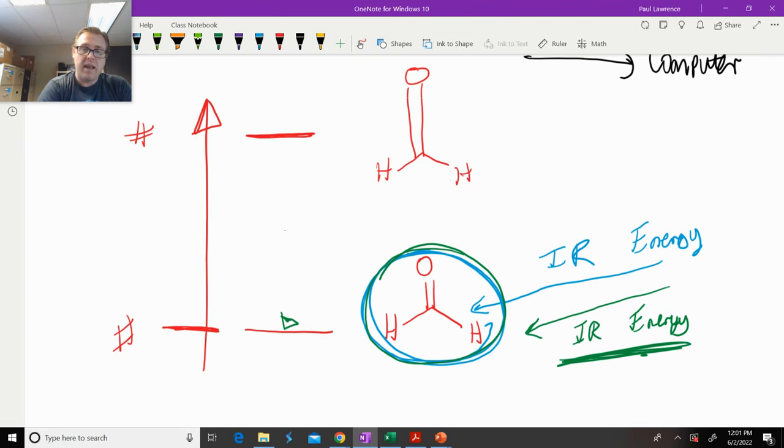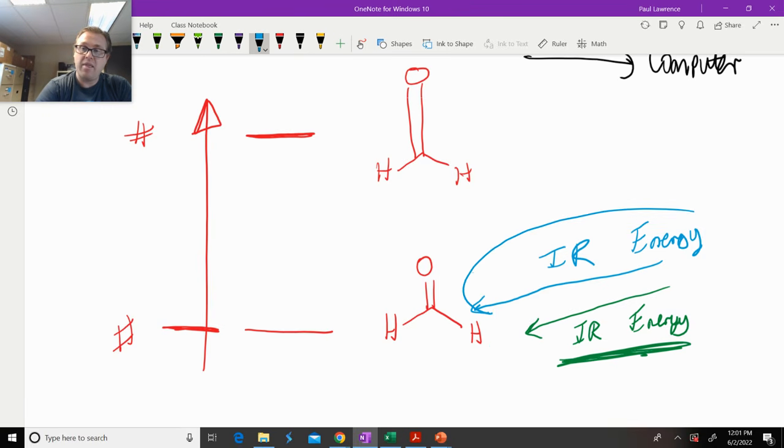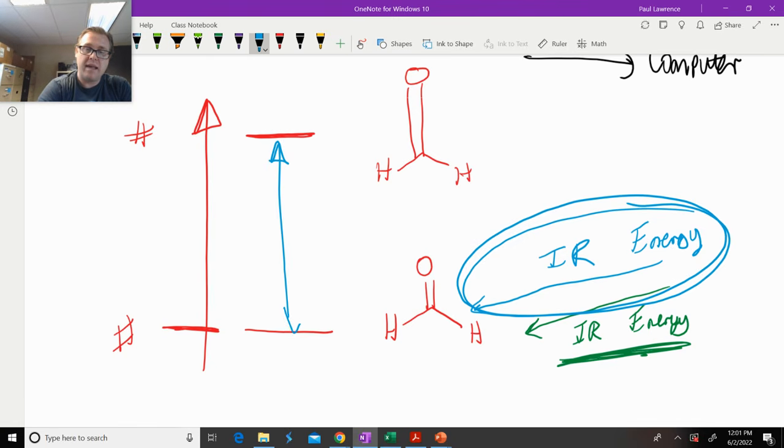The only way that you can get this molecule to enter this vibrational mode and look like that is if you zap it with that amount of energy, which has to equal that energy gap. That's what quantized energy is talking about.